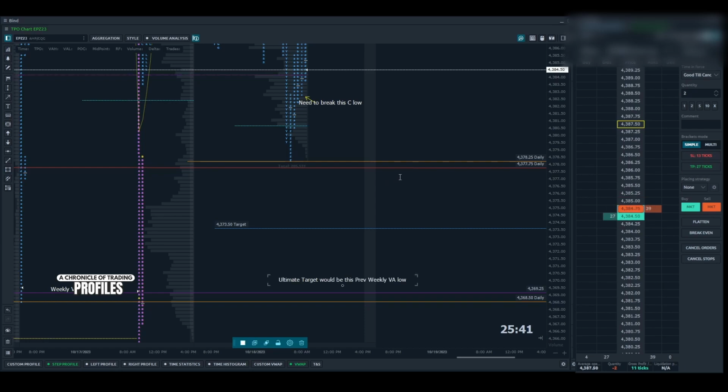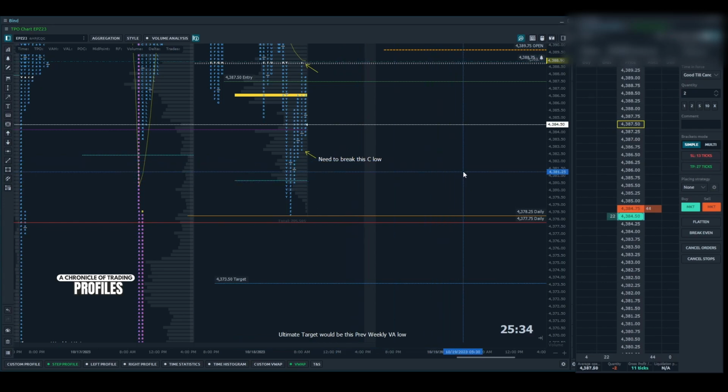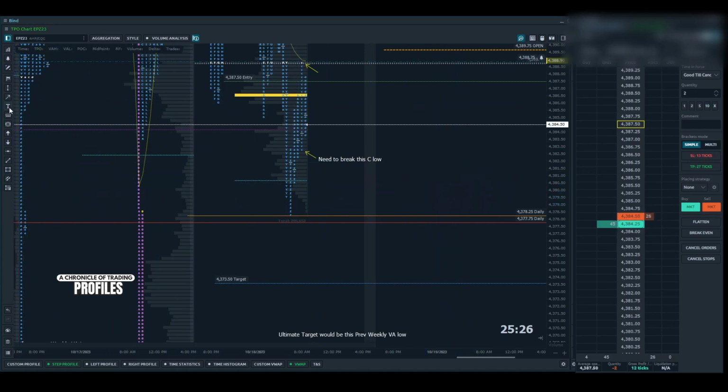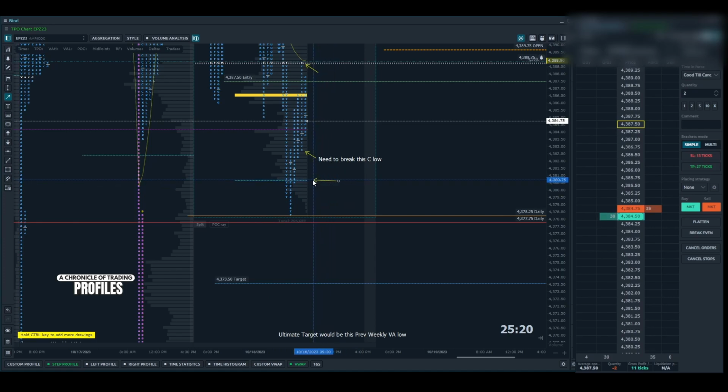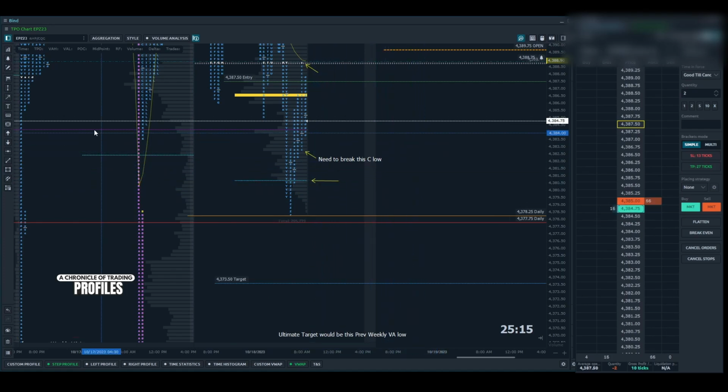So that would be my ultimate target down there at the 69.25 if things really got moving. We need to break that C low is what I'm looking at now. So this is where I'm looking at the volume area low from today, be that arrow.